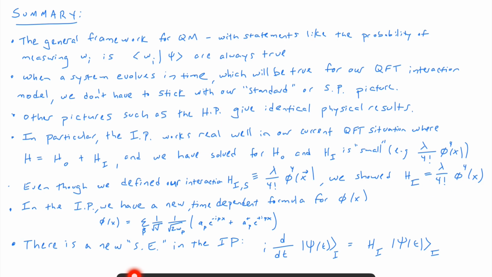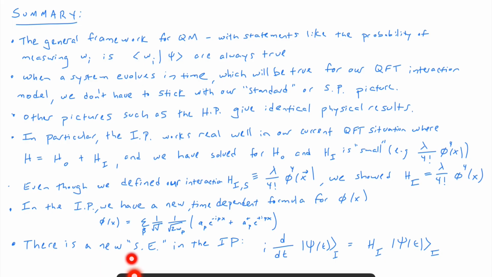And we talked about the formula for the time dependence of phi, which is a very important formula. This is now in the interaction picture, the new operators phi of x. There's still one for every voxel, but now these also change with time. And that's why we symbolize this without the three-dimensional vector arrow on top of it, but just an x, talking about 4 dimensions here. And this is the formula I wanted you to remember.